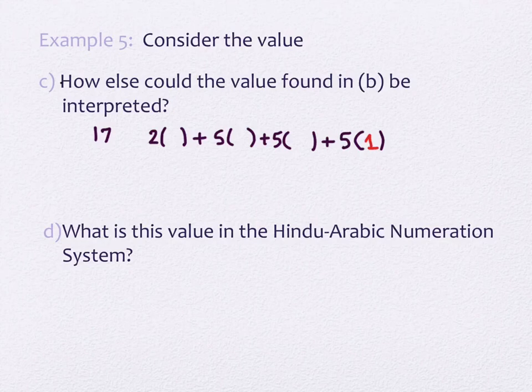I've got a 5 in the 20s place. I've got a 5 in the 20 times 18s place, and I've got a 5 in the 20 times 18 squared place. That's a way bigger number than 17, and also way bigger than the number I should have been getting anyway before. So it could be that 17 is the number it's interpreted as.